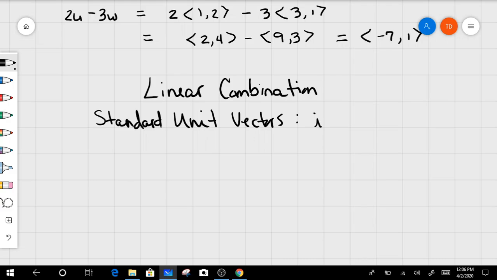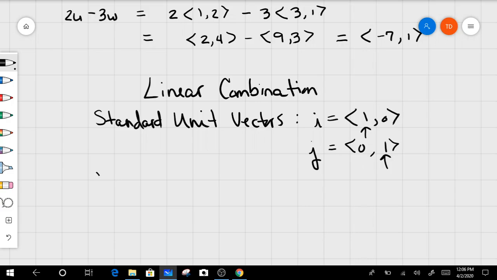and we're going to name i, that goes with, as you can see, the x component, and j, standard unit vector for the y component.